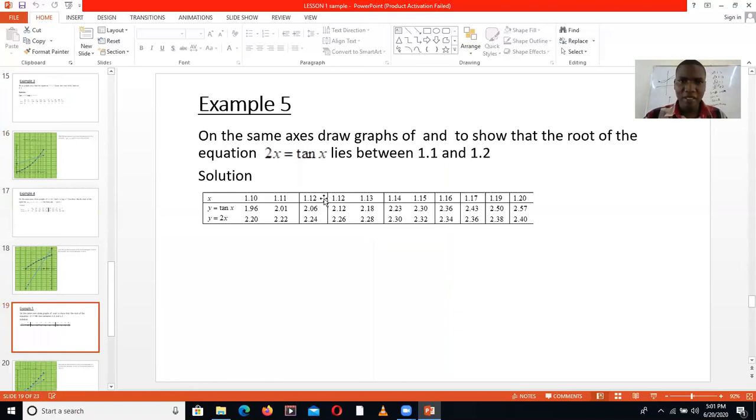Example next, they're saying on the same axis, draw graphs. Draw graphs. This is also a two graphs method.